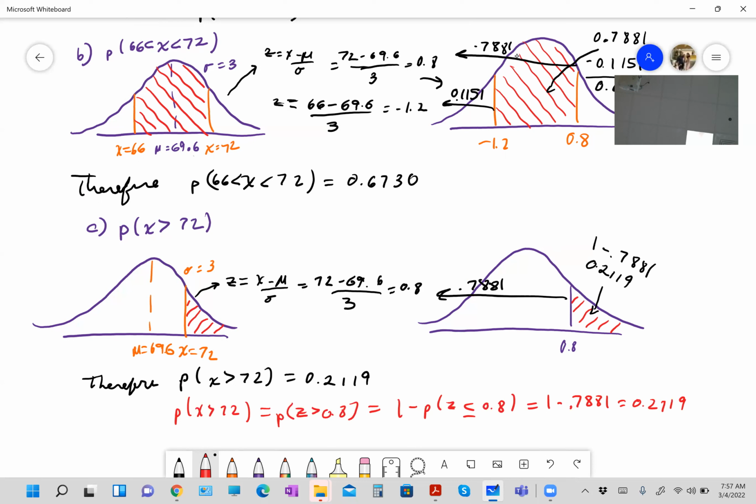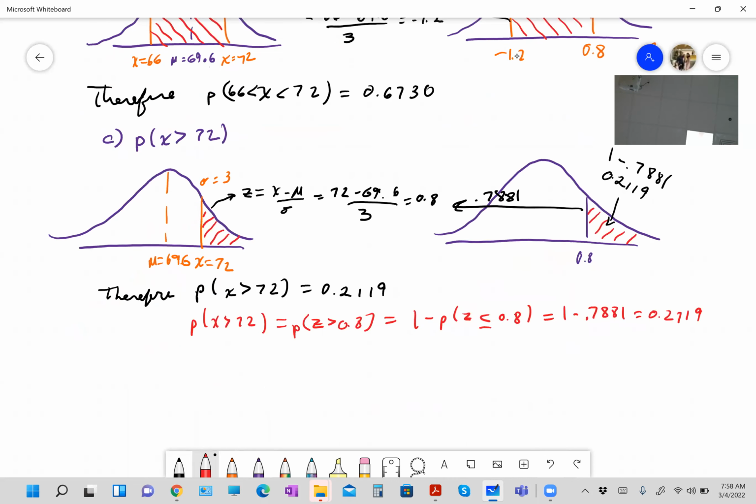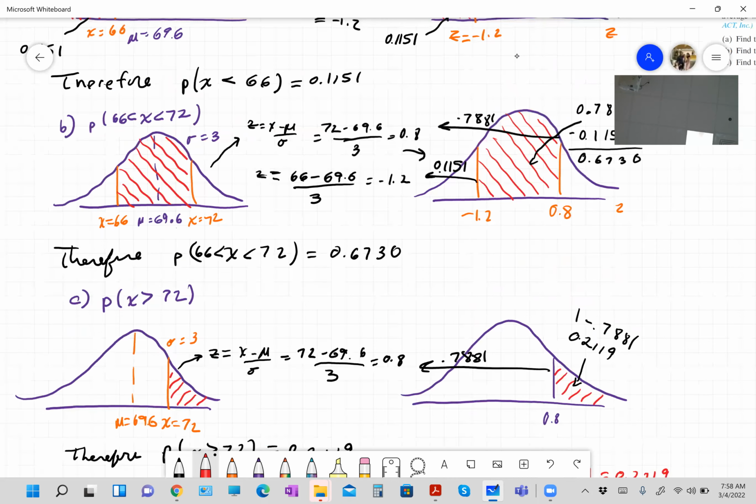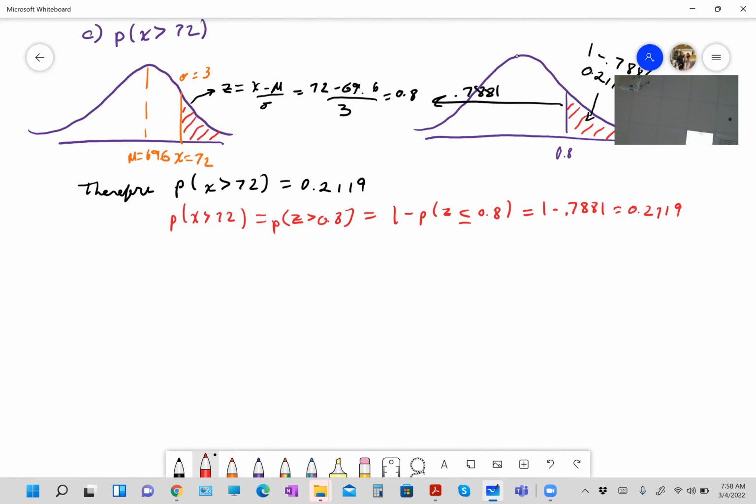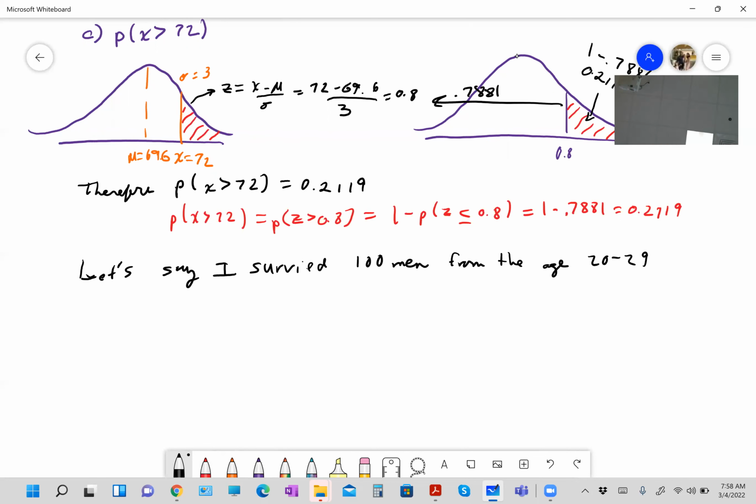Okay, now, how can they make this question a little bit more interesting? If we read the question initially, they didn't give us how many men were surveyed. But let's say I surveyed 100 men from the ages of 20 through 29, I think it was, whatever.